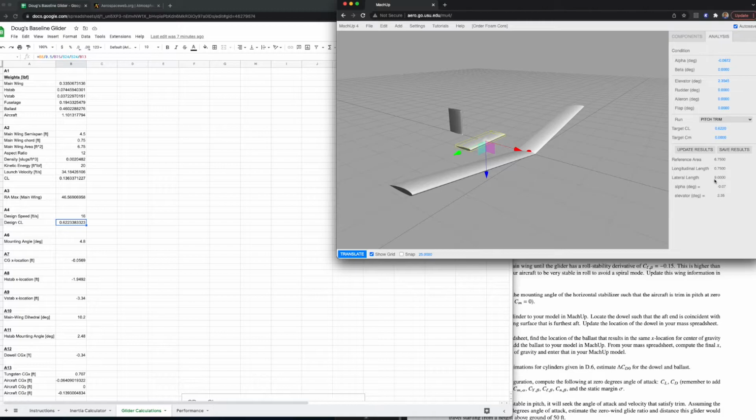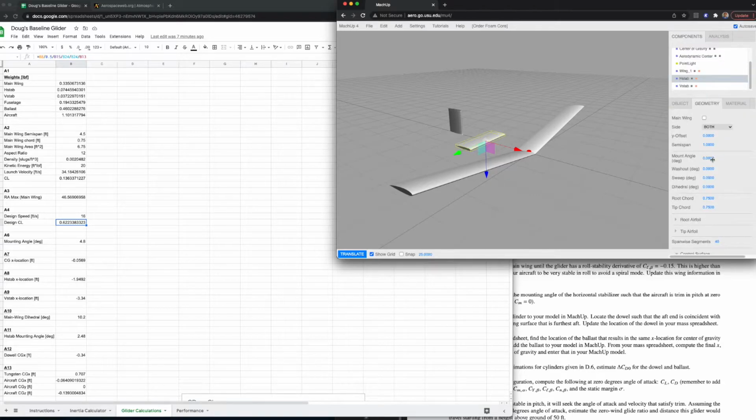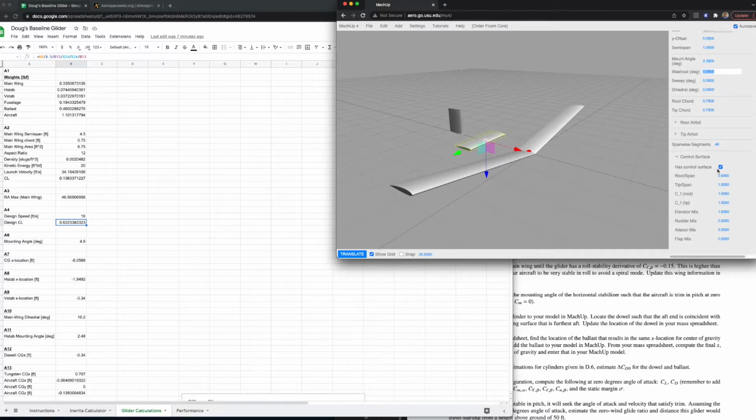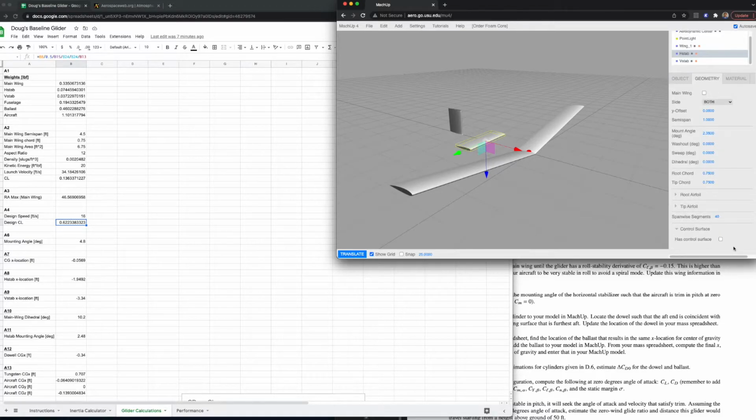Now again, because we ran this trim case, it automatically populated these numbers into angle of attack and elevator up here. We don't want that, so we're going to set those back to 0. And I'm going to use this 2.35 now to set the mounting angle of the horizontal tail, and I'm going to turn off the control surface and say it no longer has a control surface.